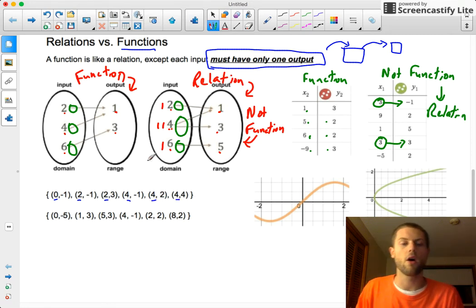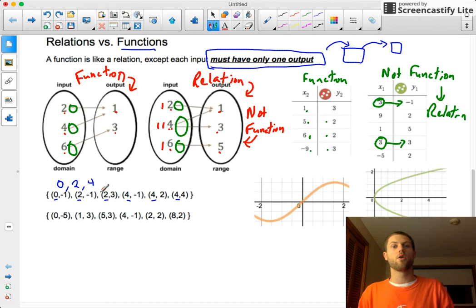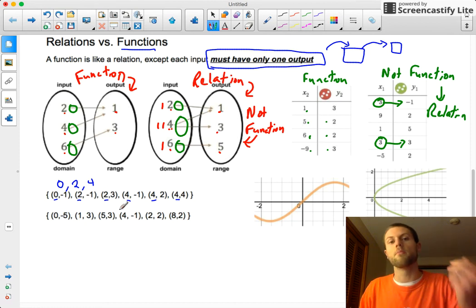So between all of these inputs, I really only have 3 different inputs, since I have a 0 that shows up, a 2 that shows up, and a 4. There are no other different inputs. And since I have only these 3 inputs but 5 different outputs, that's going to mean that one of my inputs has multiple outputs.